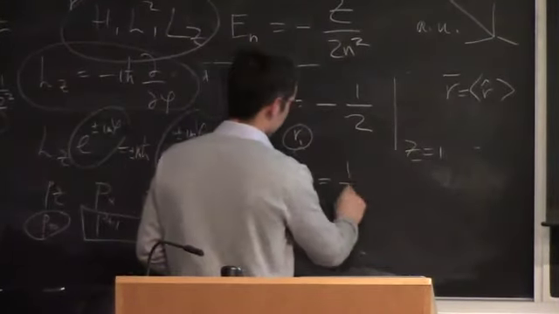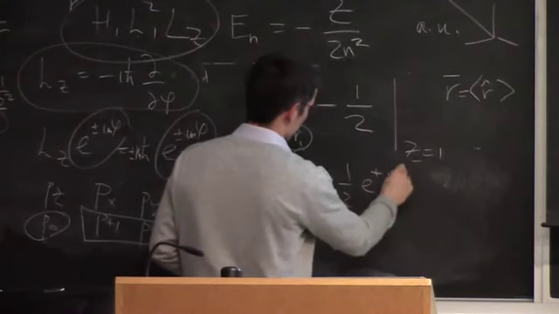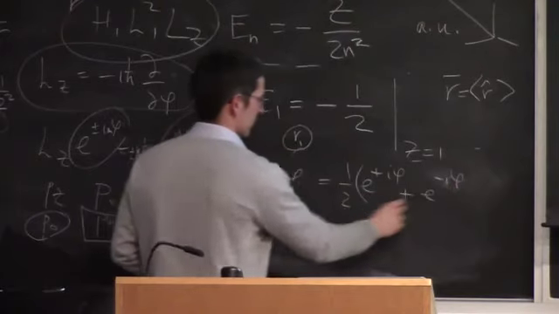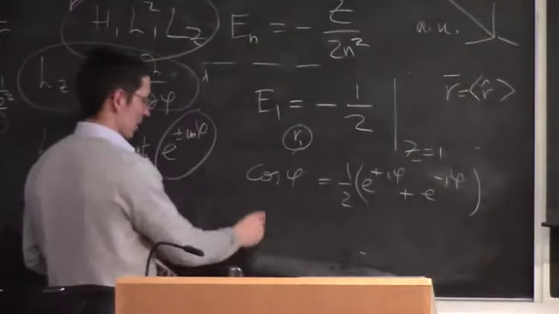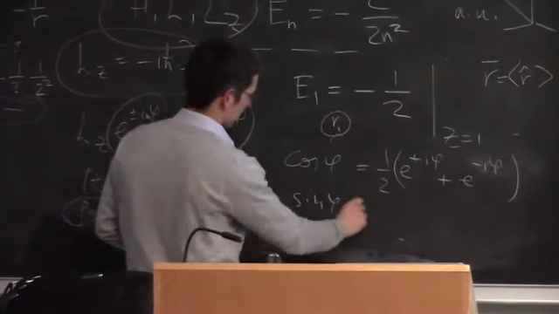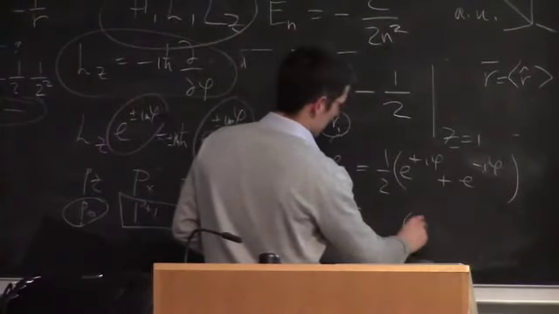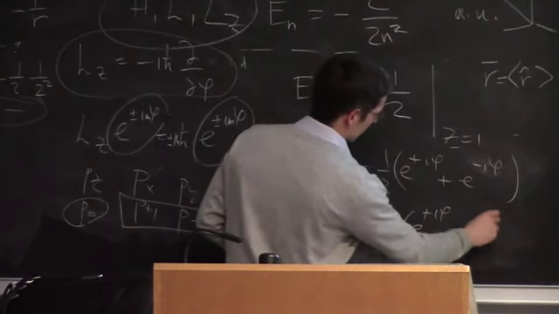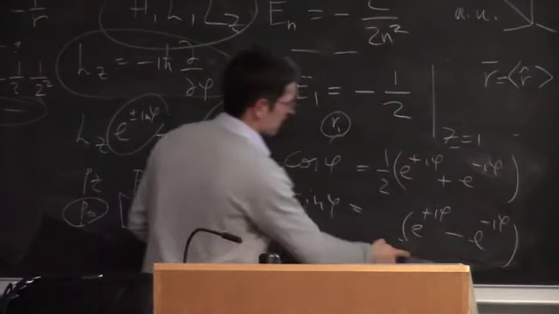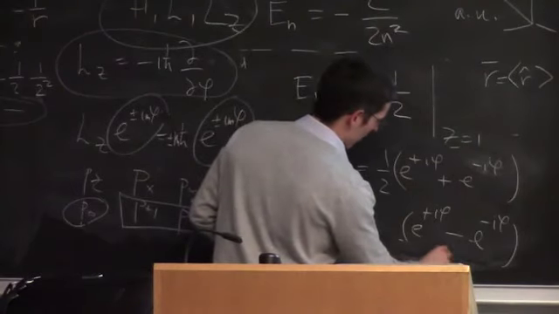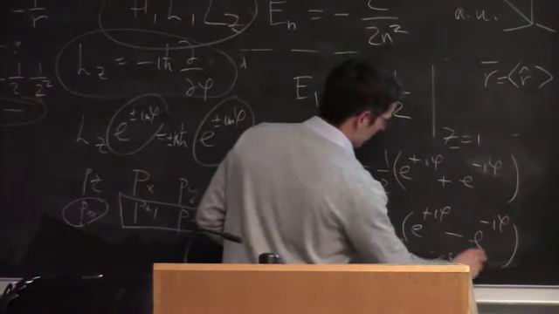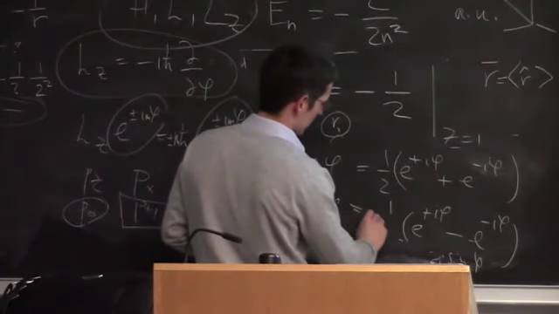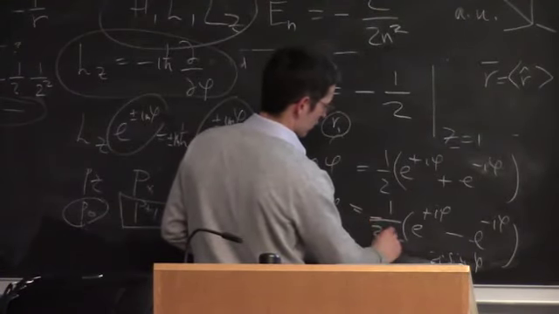You take them, plus i phi and minus i phi, right? That's your cosine. But if you want sine, then you cannot just subtract them, because subtracting them will give you 2i sine phi. From the earlier expression, you need to divide this by 2i.